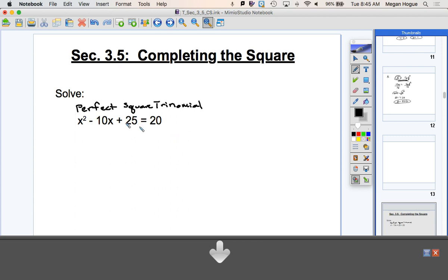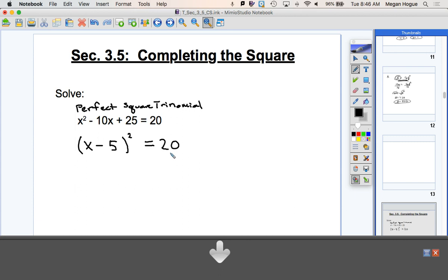That means this is going to factor into a binomial squared. So that's why we were making this one binomial and squaring it. We take this first sign, negative, and I take the square root of this number, so 5. And then I still keep it equal to 20.